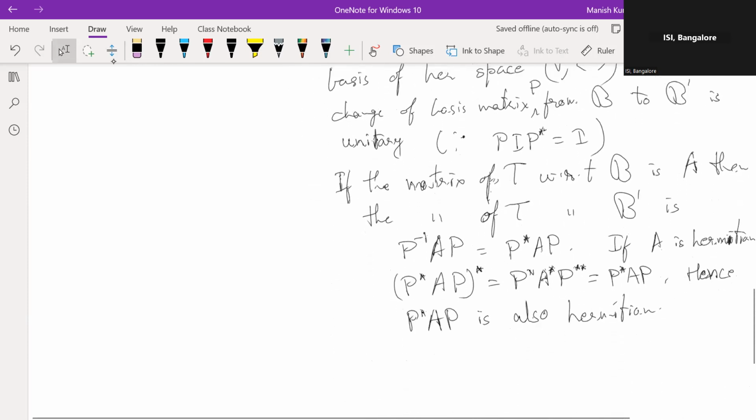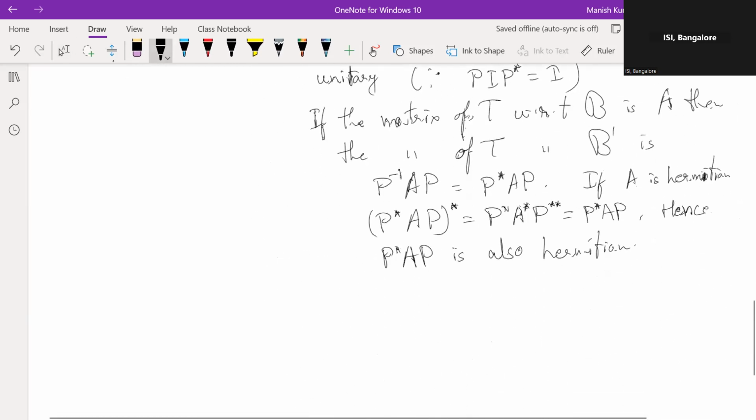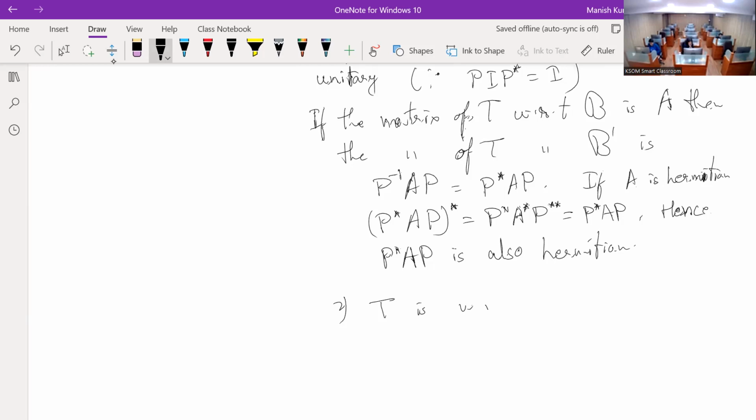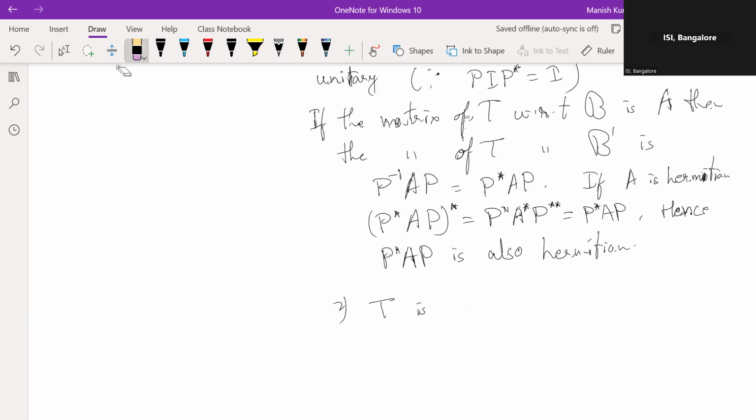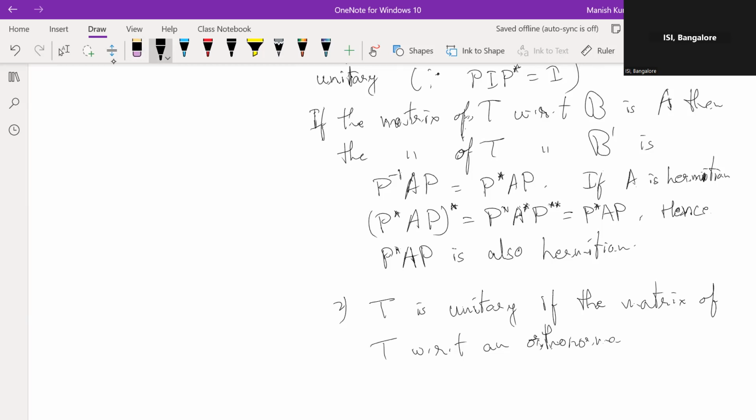Similarly, the second definition is that you say T is unitary if the matrix of T with respect to an orthonormal basis of V is unitary.